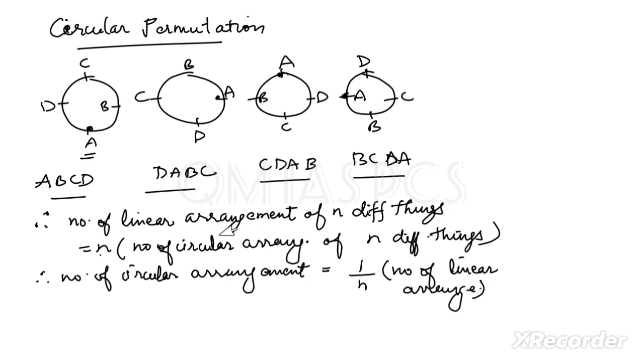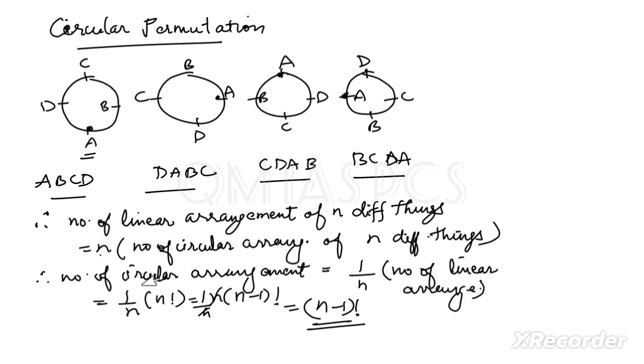So that will be 1 by n, and this will be factorial n. When you expand this factorial n, it will be n multiplied by (n minus 1) factorial. This n will cancel out with this n, so we will have factorial (n minus 1). So that means the number of circular arrangements will be (n minus 1) factorial.